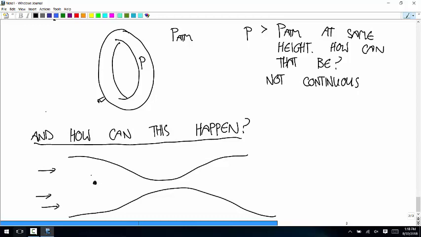When it's here, it has a low pressure. When it's here, it has a high pressure. It's back to here, it goes back down to a low pressure. Those are all at the same height. How can the pressures be different? It's not at rest.